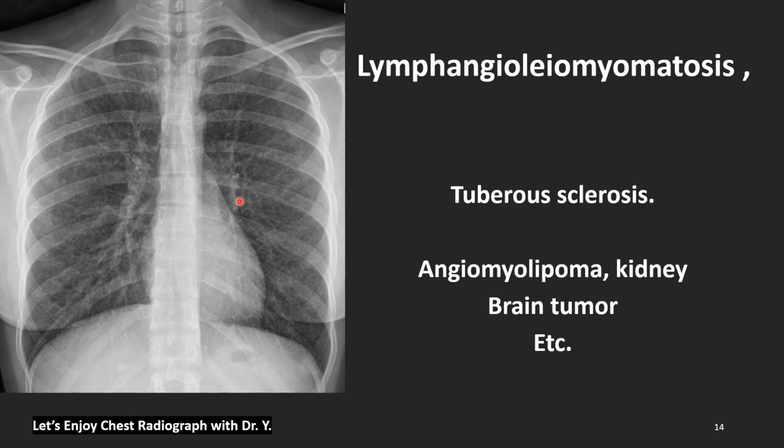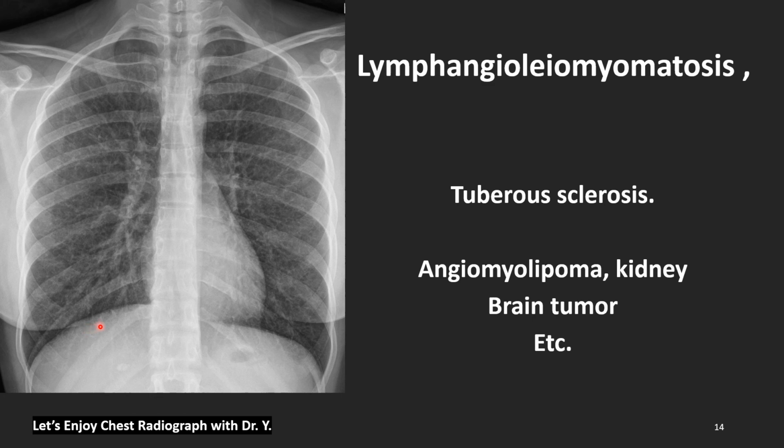The lung field is not clear, and maybe some kind of small cysts scattered all through the lung. Isn't it like that? Do you feel like that? Many cysts spread bilaterally all through the lung from the apex to the basal lung.